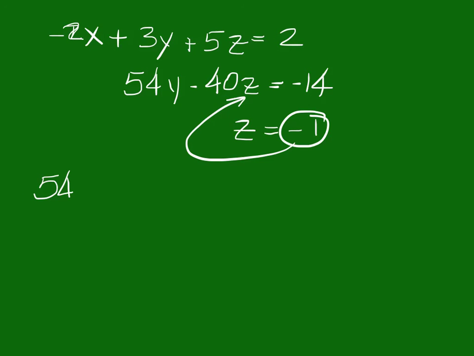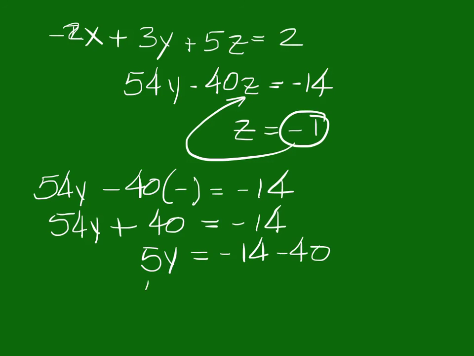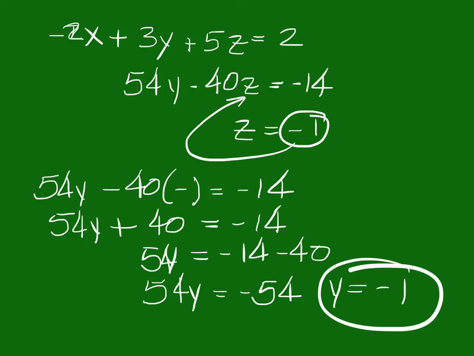So 54y minus 40 times a negative 1 equals negative 14. That simplifies to plus 40, which you will have to move to the right side and make that minus 40. And this works out neatly. Comes out to 54y equals a negative 54. So y is also a negative 1.